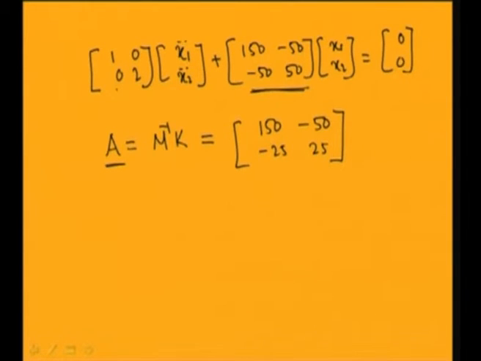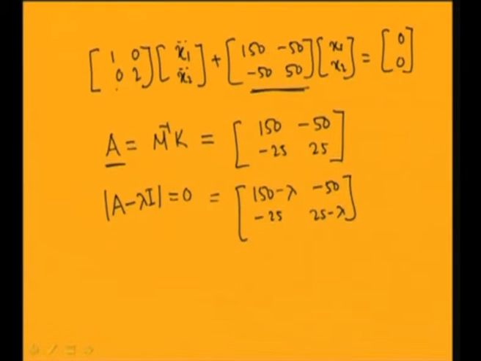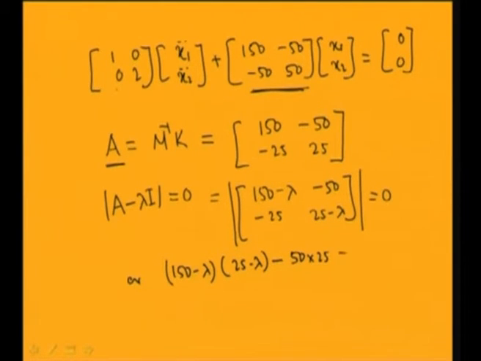To find these eigenvalues and eigenvectors, we take the determinant of A minus lambda I equal to 0, which will give you the matrix [150 minus lambda, minus 50; minus 25, 25 minus lambda]. The determinant of this equals 0, or 150 minus lambda times 25 minus lambda, minus minus 50 into minus 25, equals 0.